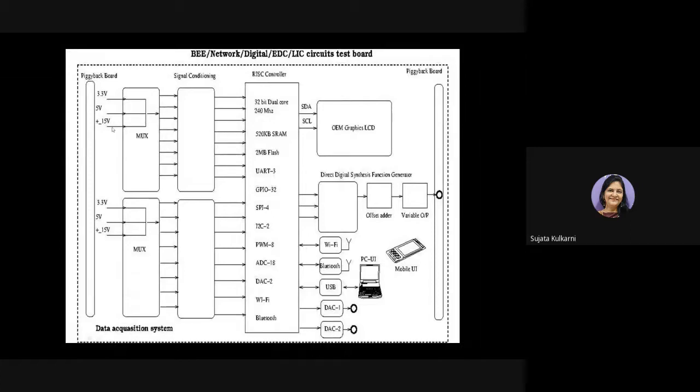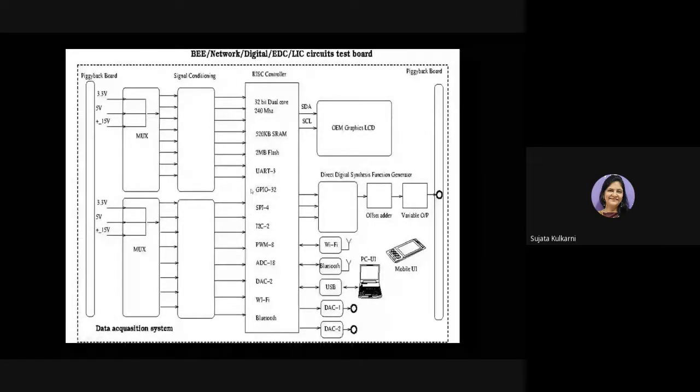You should make sure that at any point of time, the analog to digital conversion, which is happening inside the microcontroller, as one of its peripherals, accepts only 0 to 3.3 volts.